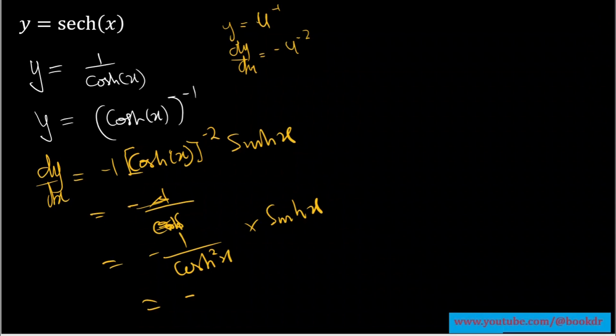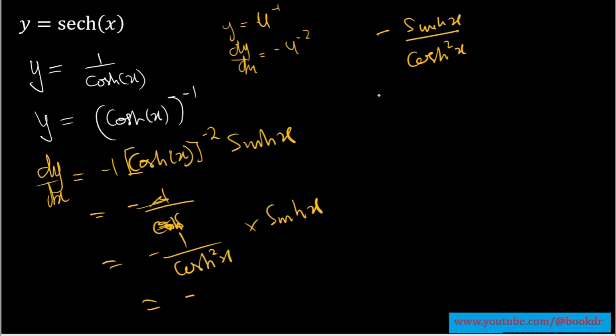We can write this as negative sinh x over cosh square x.